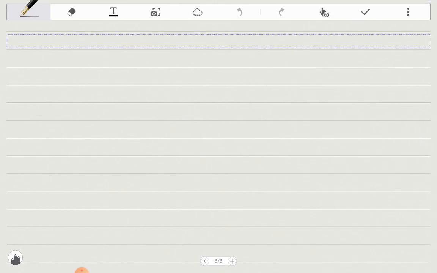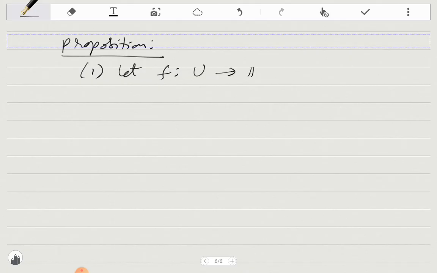Now, with this in hand, let's return to our definition of derivative as a linear transformation. So here's the proposition. Let f from U to R be differentiable.